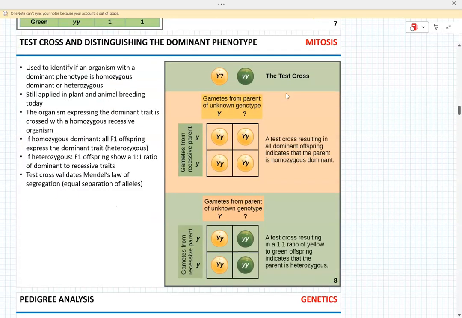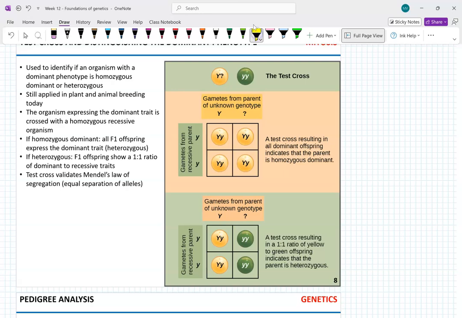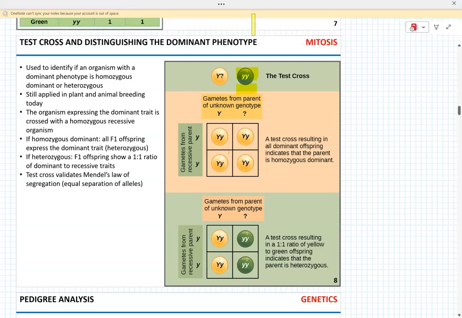Now, as you can imagine, if we are talking about a plant with the recessive phenotype, it means that genotypically this plant is homozygous recessive.